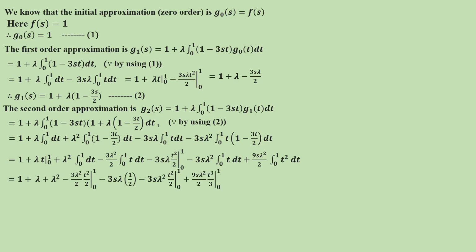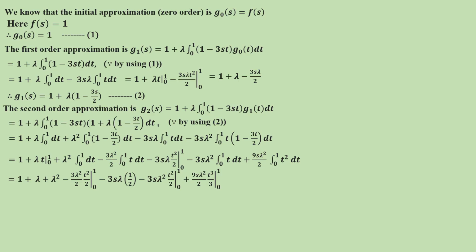So 1 plus lambda square: integral 0 to 1 dt is t only, so you will get 1 into lambda square, minus 3 lambda square by 2, integral of t dt is t square by 2, lower limit 0, upper limit 1. Then minus 3 s lambda, substituting the upper limit, 1 by 2, lower limit 0, so you get only one term, minus 3s lambda by 2, minus 3s lambda square, integral t dt is t square by 2, lower limit 0, upper limit 1.